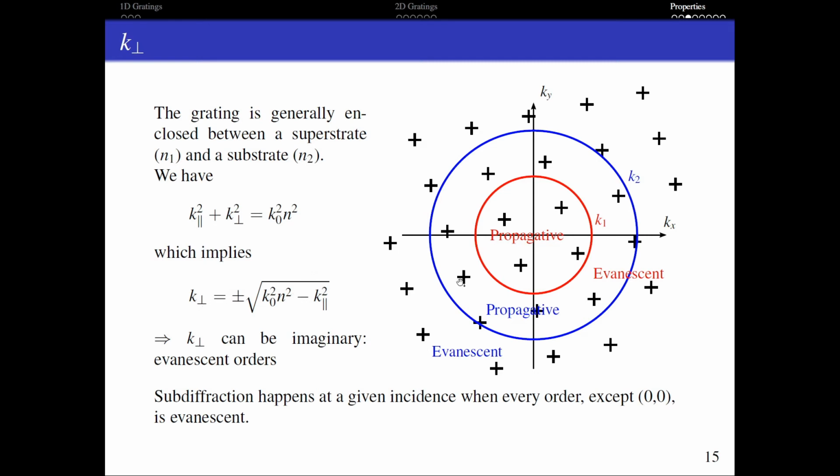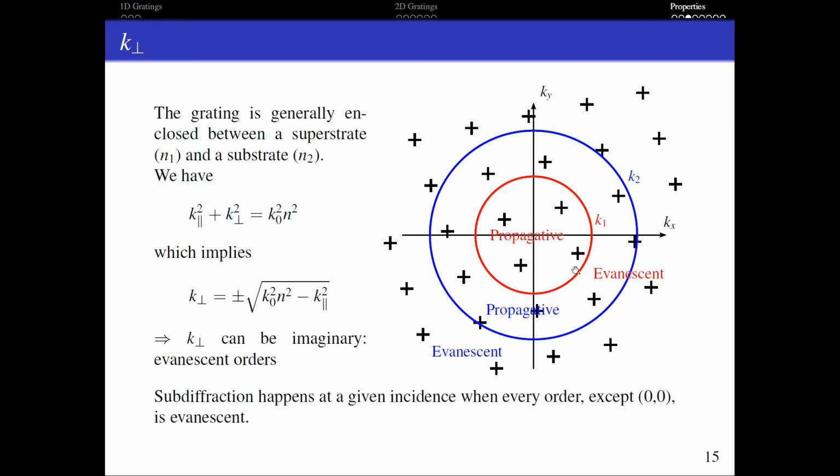And so when you draw basically k0 times the refractive index on the k-space, you're going to get those circles. What they mean is that inside those circles you're going to have propagative diffraction orders, and outside those circles you're going to have evanescent diffraction orders.